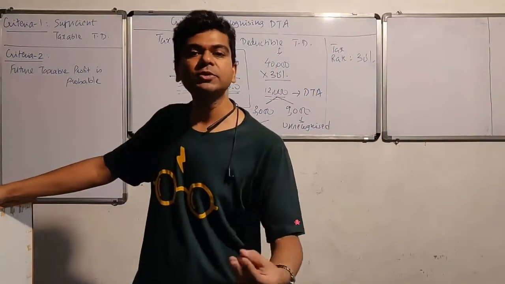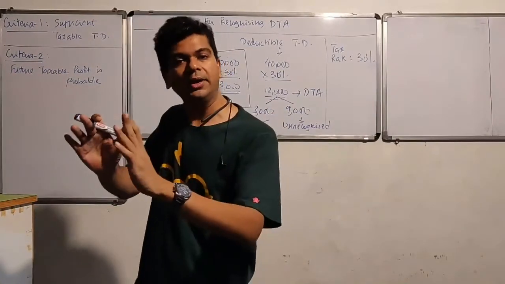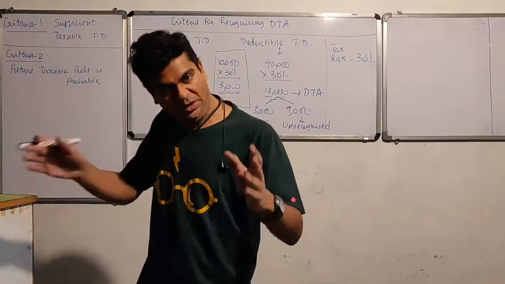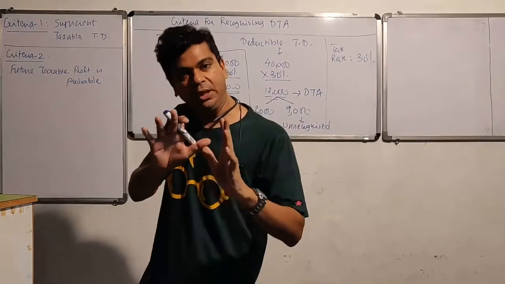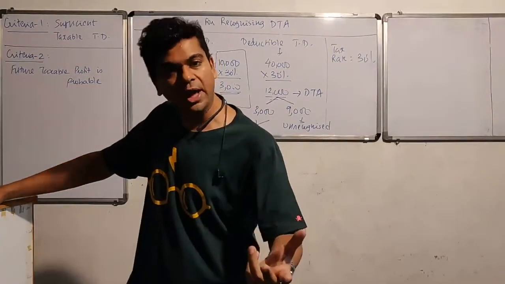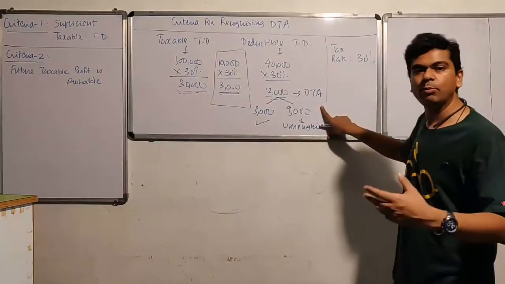Taxable temporary difference means I'll have to pay additional tax in future. Forget about additional tax. In any case, you have to pay the normal tax, isn't it? So next year, I'm expecting a sufficient amount of taxable income. Then against that taxable income, obviously I can save tax by realizing the deferred tax asset. So that is the second possibility.